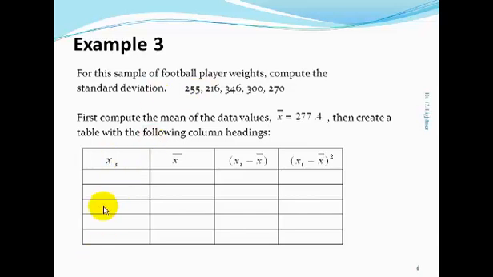In the next column, we should record our sample mean value for all of our data values down this entire column. The same value, our sample mean, should be recorded down the entire column. In the third column, we should record the difference between each data value and the sample mean. And in our last column, we should square the difference between each data value and the sample mean.